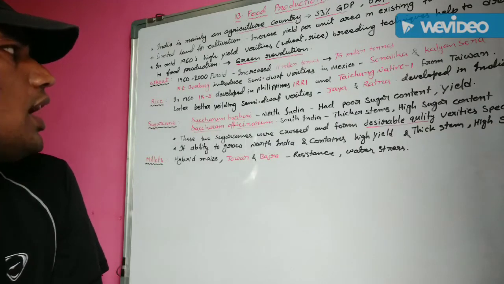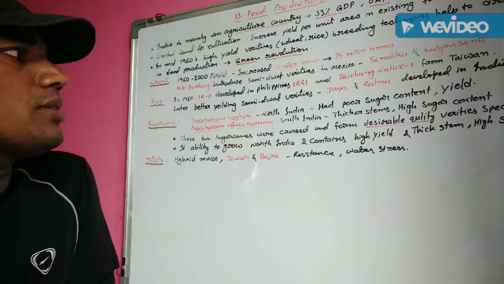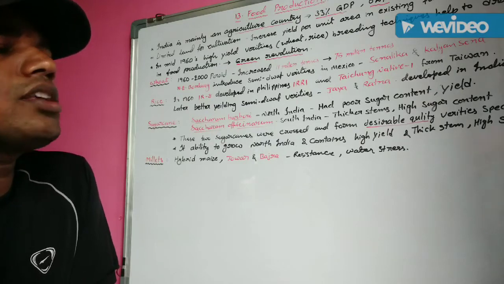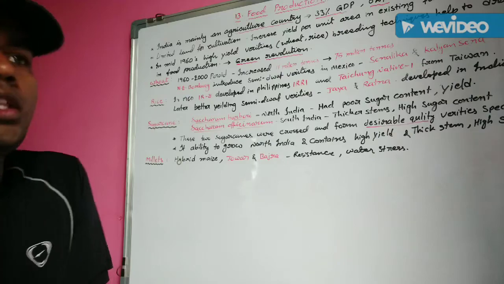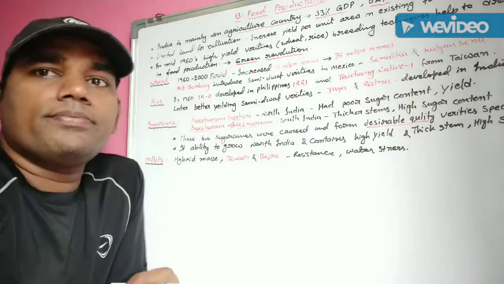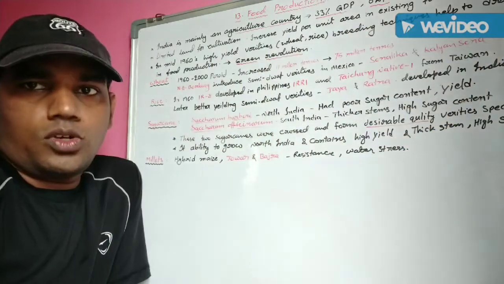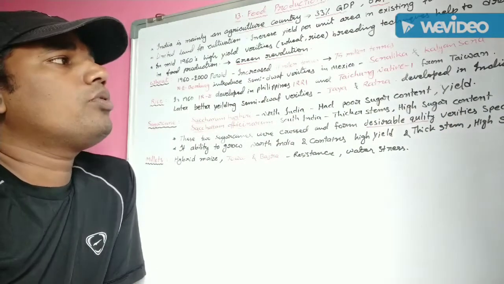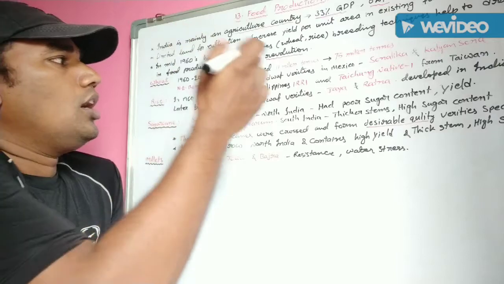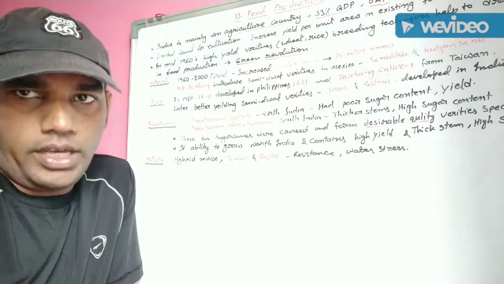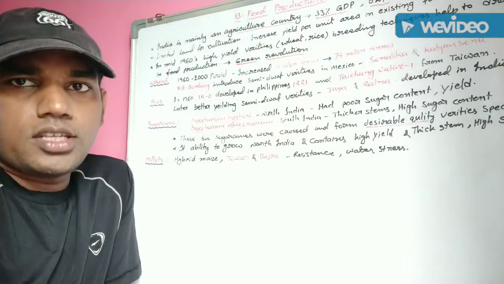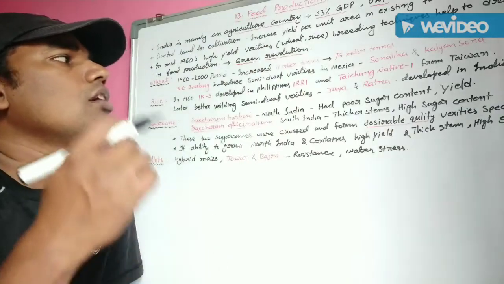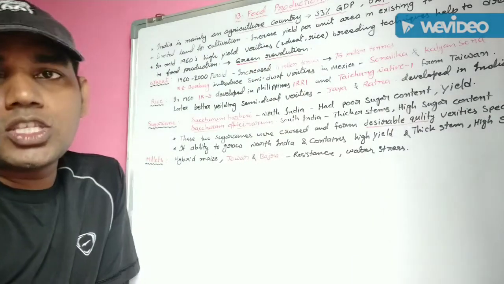Norman Borlaug introduced some semi-dwarf Mexican varieties. What are they? Sonalika and Kalyan Sona. Sonalika is a very important semi-dwarf Mexican variety, and Kalyan Sona is also a semi-dwarf Mexican variety.